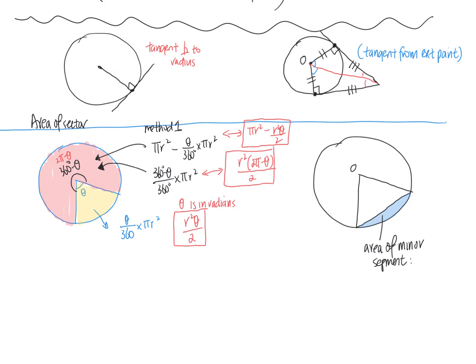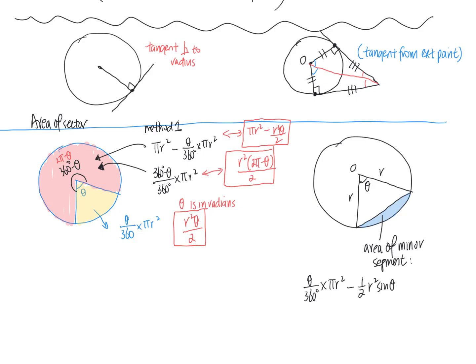So to find area of minor segment, it will be theta over 360 degrees times pi r squared. I find the whole sector, whole pizza slice, minus the triangle. Okay, so this is finding area of minor segment.